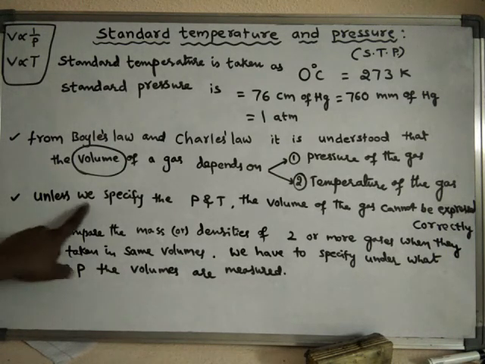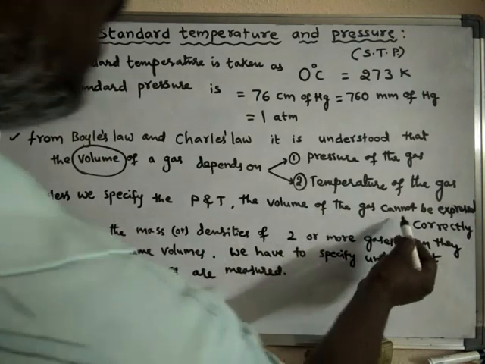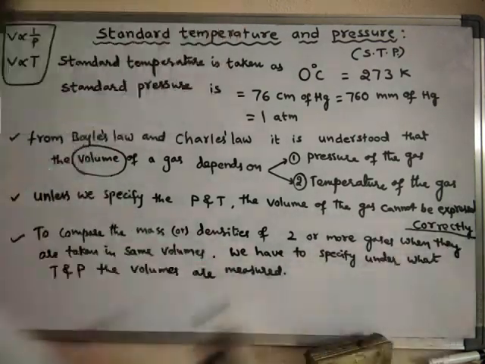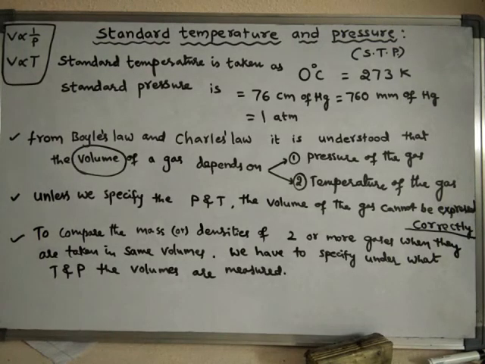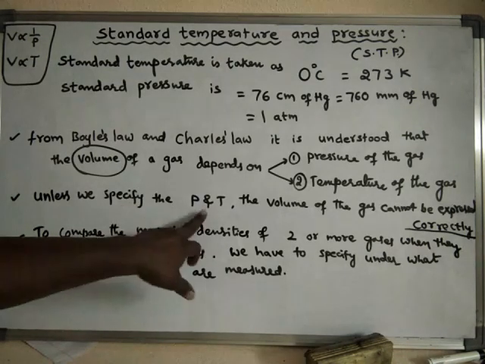See, unless we specify the pressure and temperature, the volume of the gas cannot be expressed correctly. So in order to express the volume of the gas correctly, we have to specify the pressure value and temperature value.